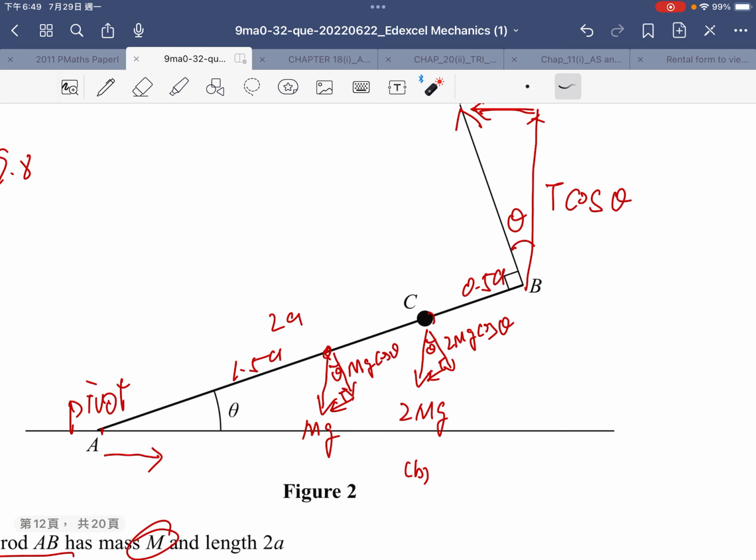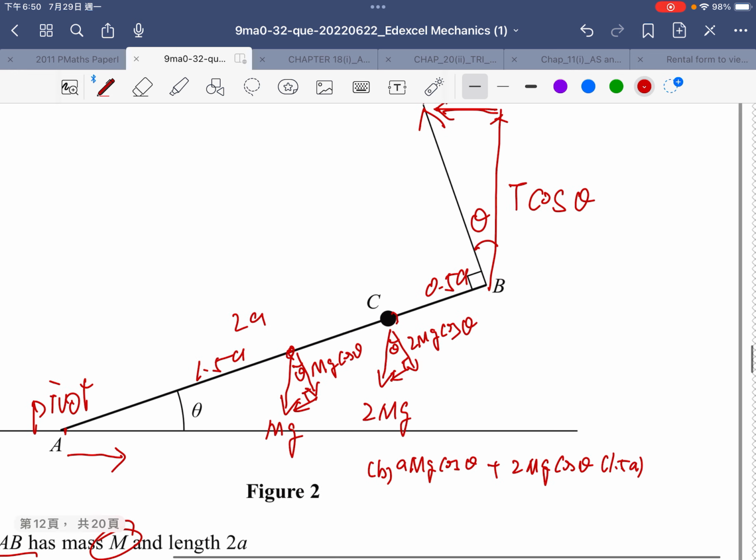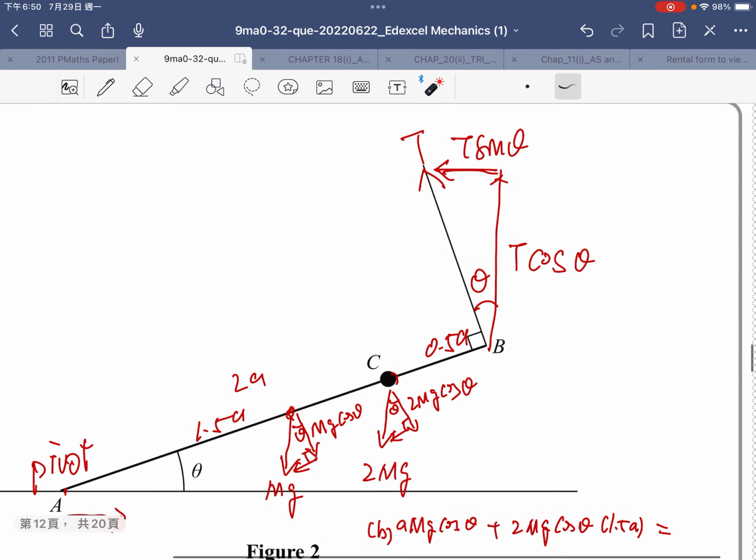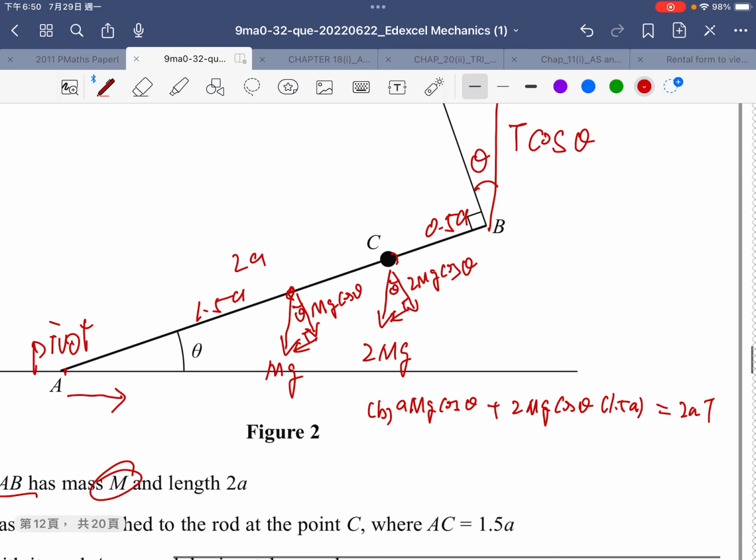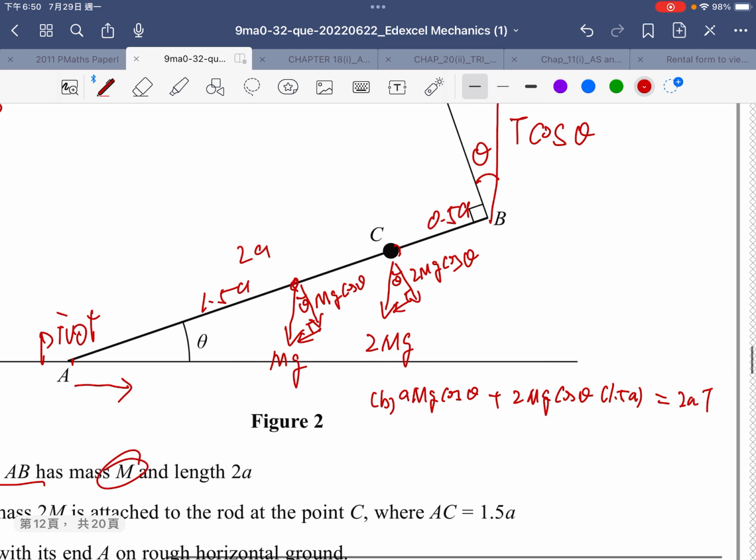Therefore, for part B, we should have mg cosine theta times a, plus 2mg cosine theta times 1.5a, is equal to this force T times the total length 2a. Here we can set an equation which connects theta and the masses of the particle and the rod, and cancel the a here.